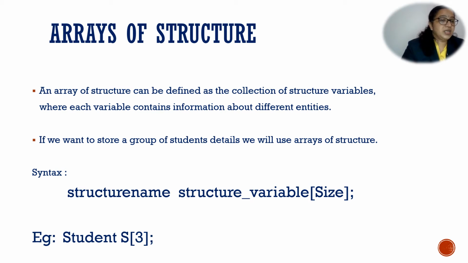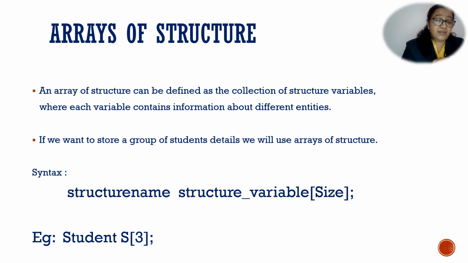So see, the first point: an array of structure can be defined as a collection of structure variables. Collection means n number of structure variables we can create. That is an array of structure, where each variable contains information about different entities.